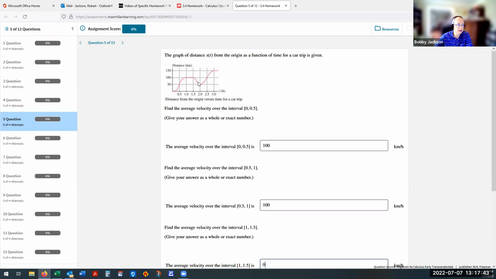In fact, the average velocity is just the slope of the line connecting the point 1.5, 100 to the point 2, 50, and that line has a negative slope. So slope is indeed the velocity in this case. It's going to be negative 50 divided by half, so negative 100 is the average velocity from 1.5 to 2 hours.